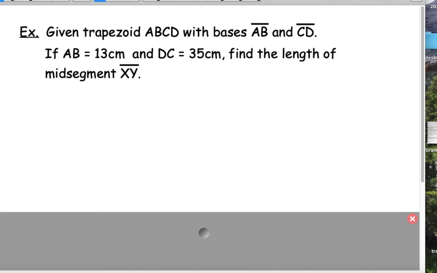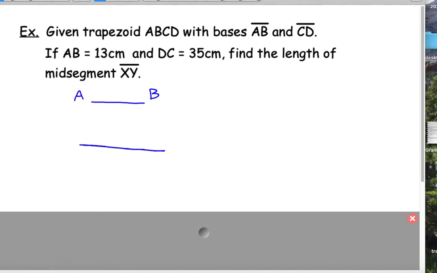Given trapezoid ABCD with bases AB and CD. So let's draw that. So we have AB and CD. Not the best drawing in the world. All right, so these are the bases, so those are parallel.